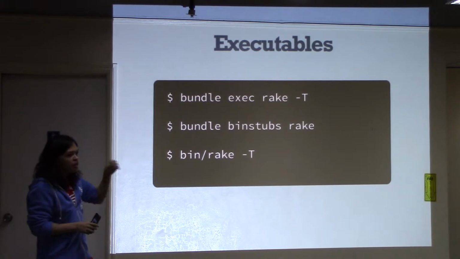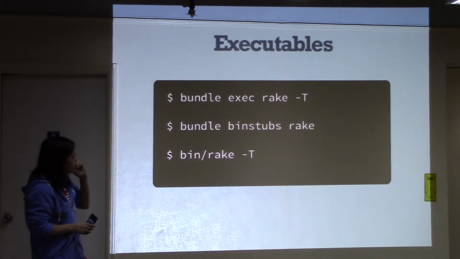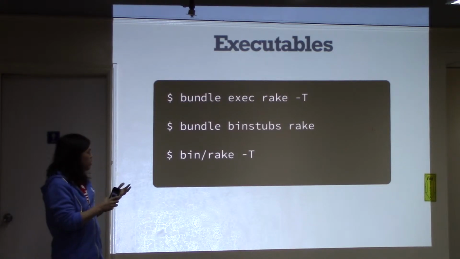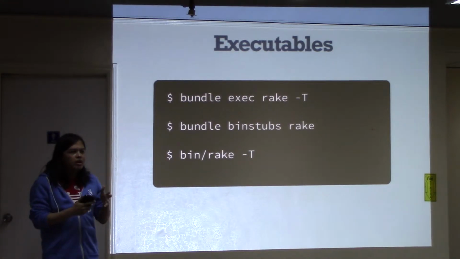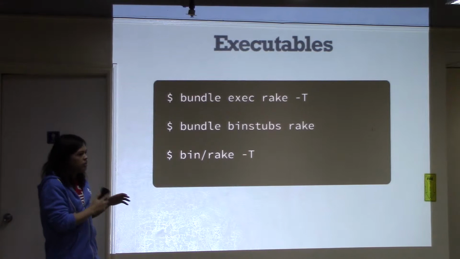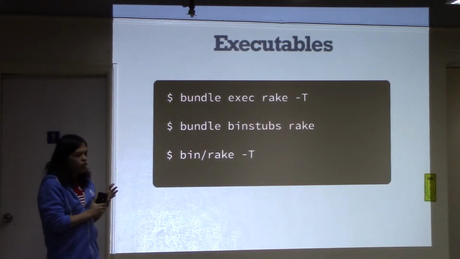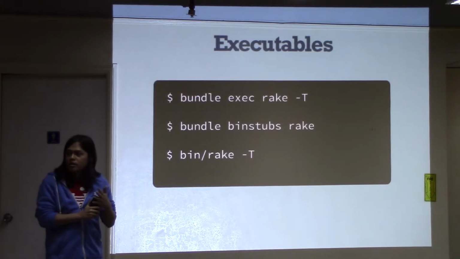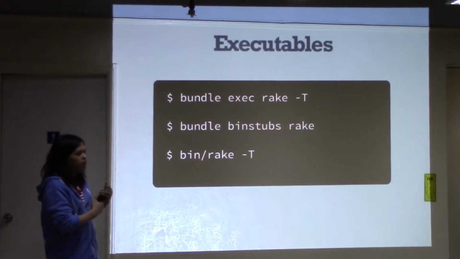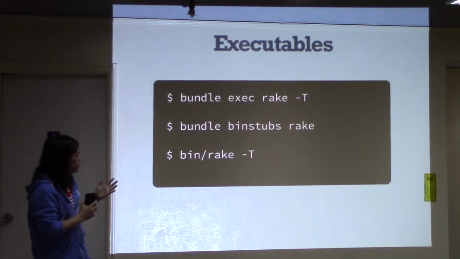So actually starting with Rails 4, when you generate a Rails project, there's already a bin directory, and it already contains a few executables like rake, rails, and maybe rspec if you generated Rails with rspec.